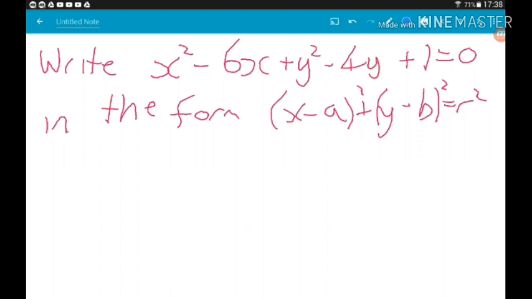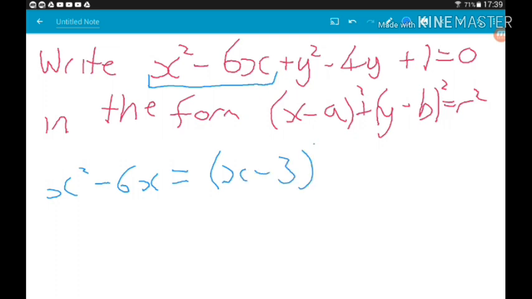So, first of all, x squared minus 6x is x minus 3 squared, but then remember you have to square that number and take it away on the outside.